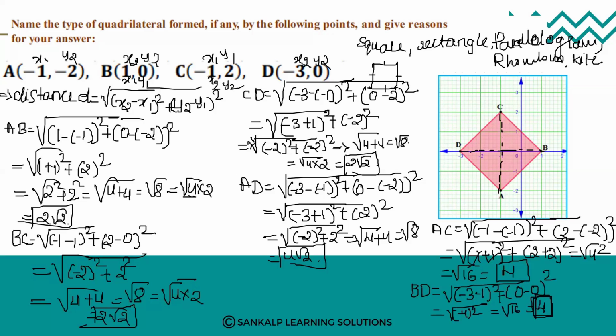When the diagonals are equal and all sides are equal, that quadrilateral must be a square. When all 4 sides are equal and the diagonals are equal, then it will be a square.